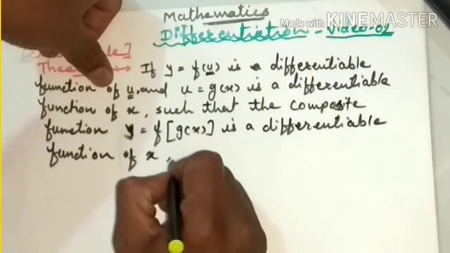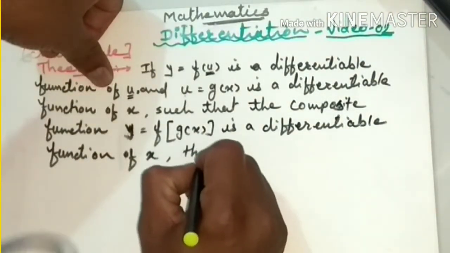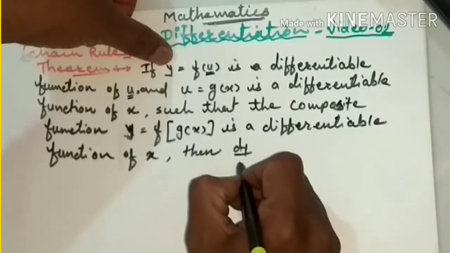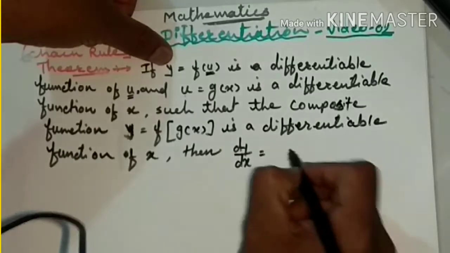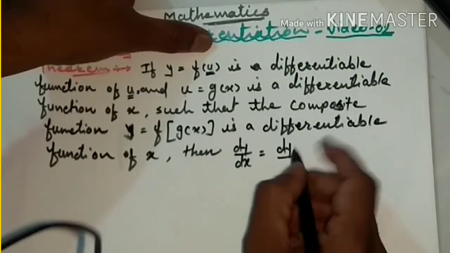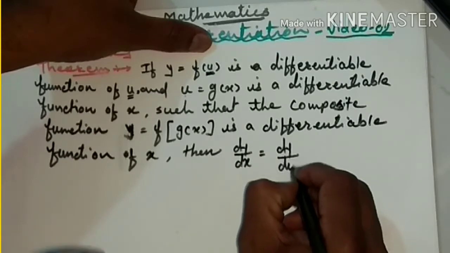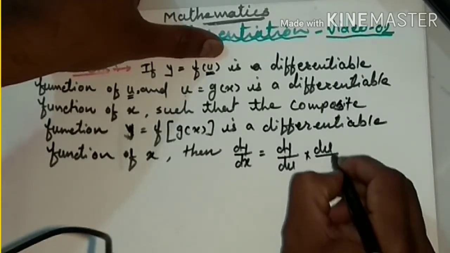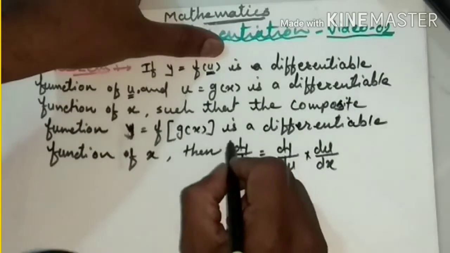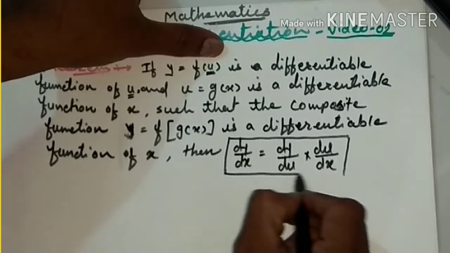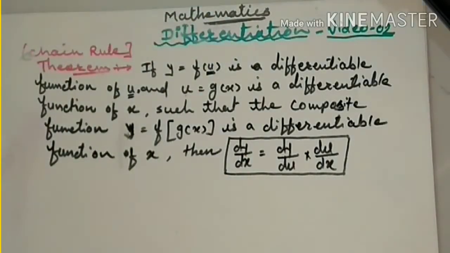Then if we want to find dy by dx, we will have the formula: y is given in u, so we differentiate y with respect to u, and u is given in x, so we differentiate u with respect to x. So this is nothing but the chain rule.